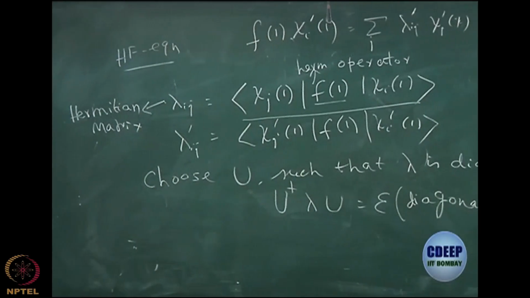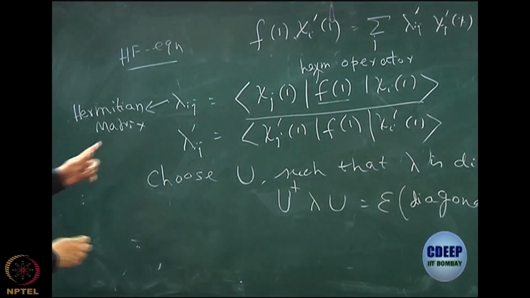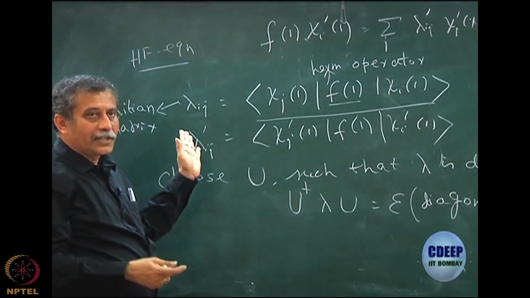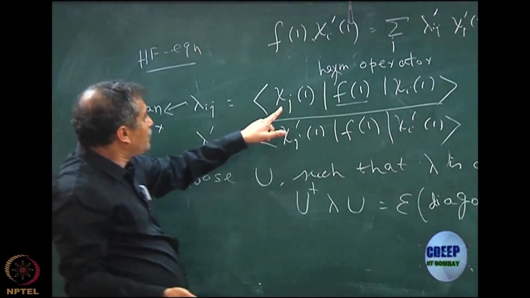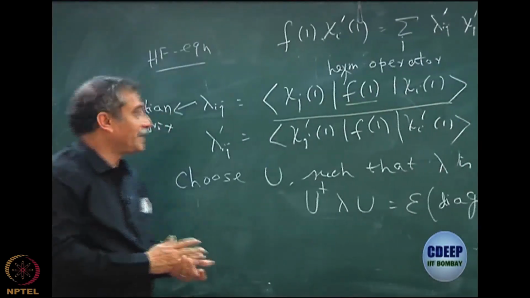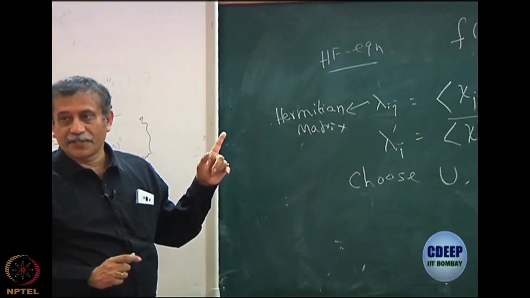Whenever you have numbers, they can't be an operator. Of course, a number can be an operator, but in this case, these numbers can be arranged in rows and columns. Okay? So, that is the reason I said it is convenient sometimes to look at ji, because then you will see that the j is on the left, i is on the right, but it does not matter, however you look at it. The point is that this lambda is a Hermitian matrix, because the Fock operator is Hermitian.